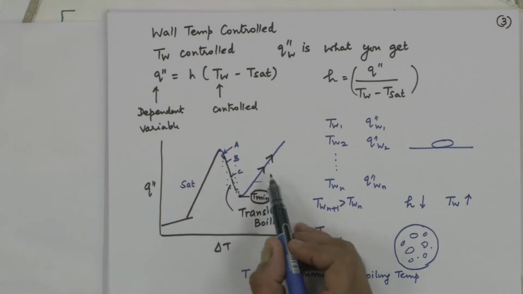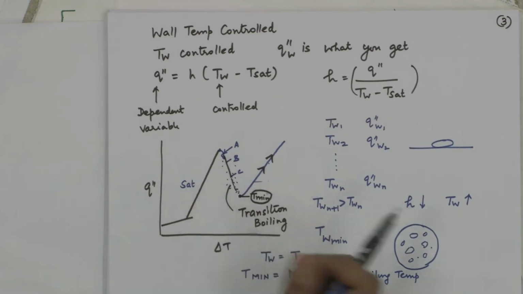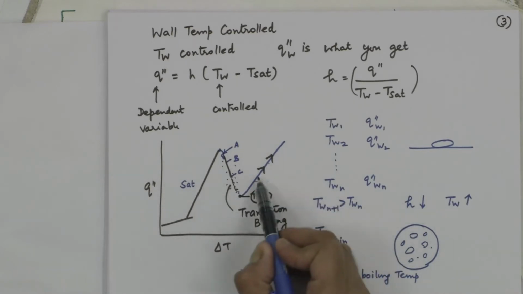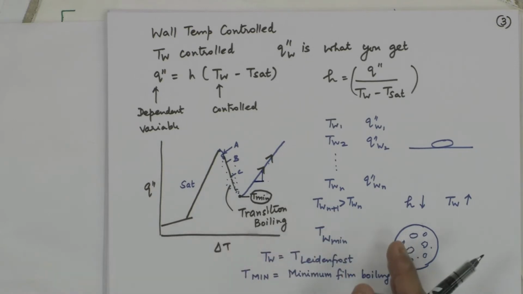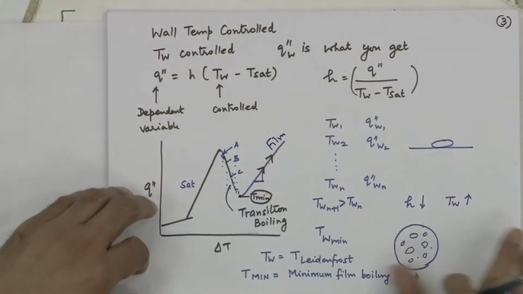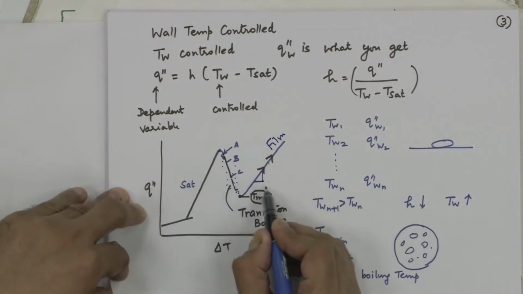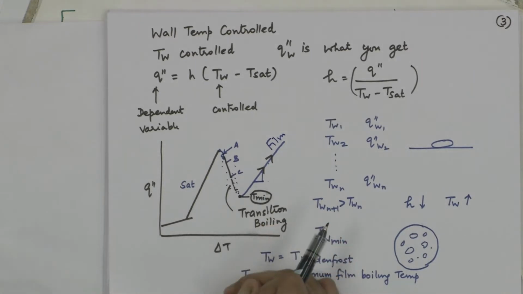In film boiling, the slope is parallel to what you have in nucleate boiling, except that the delta x's are really large because we are on a log-log curve. This region is called film boiling. What happens here is that for a small increase in wall temperature, remember you are talking of temperatures of the order of few hundreds or even thousands of degrees.